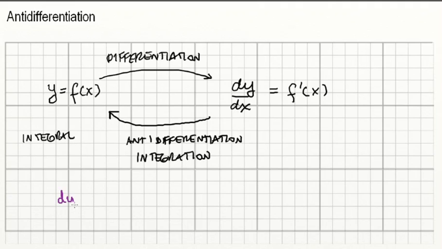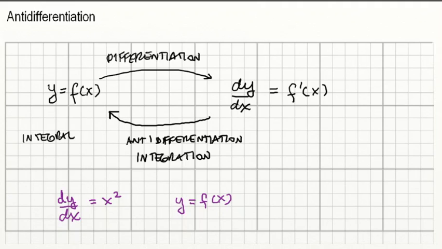Let's say that I tell you that my derivative is x squared, and I ask you, what's the original function? So I should have some function f of x, which, well, y equals f of x, which I differentiate, and then I get x squared.